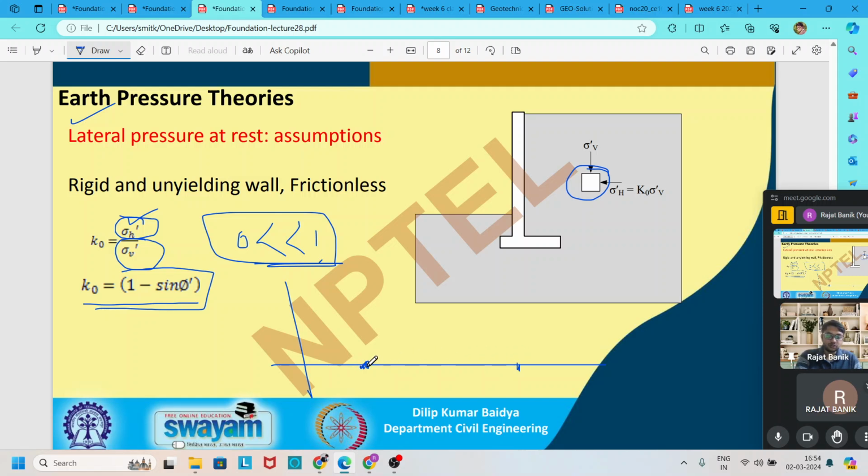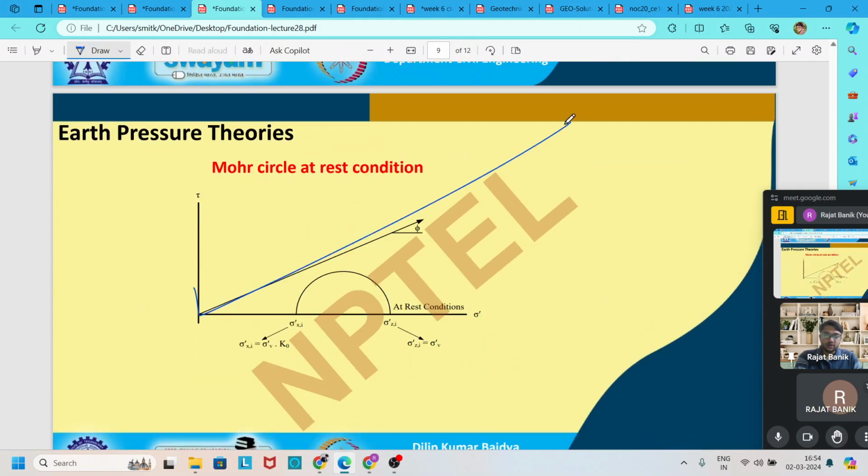We know that at earth pressure at rest, there is no failure of the retaining wall, so the failure plane cannot cross or intersect the Mohr circle, which is drawn at angle phi. So here we draw the Mohr circle based on our soil condition for earth pressure at rest.